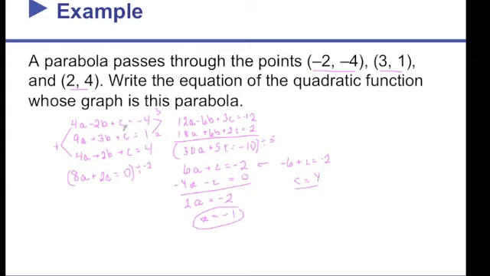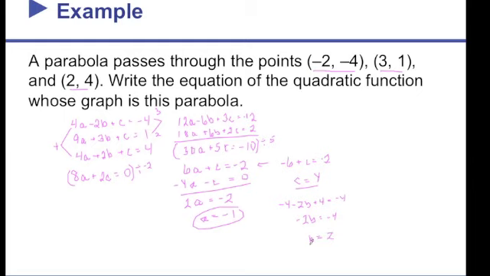And using one of these original equations, I can find b. So I'd have negative 4 minus 2b plus 4 equals negative 4. That'll give me negative 2b equals negative 4. So b will equal 2.